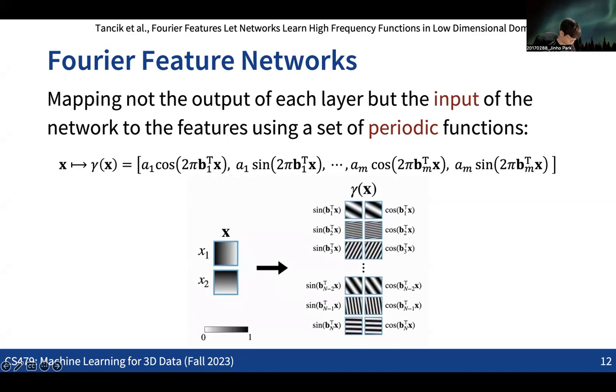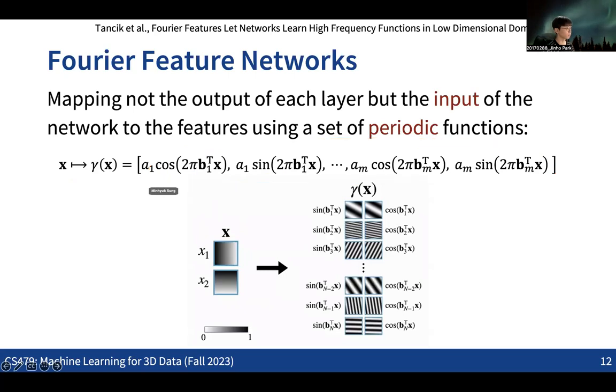It's mapping the input of the network using periodic functions like this as features, and feeding this as the input to the neural net.